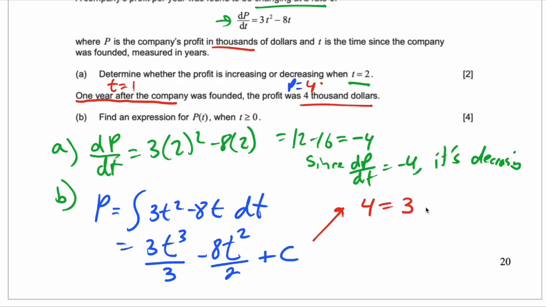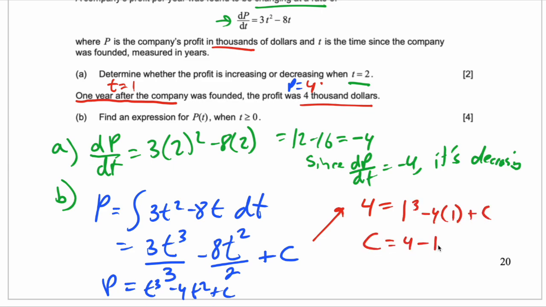Okay, so 4 equals, I should have simplified it a bit first. P equals t cubed minus 4t squared plus c. So when I sub in 4, I sub in 4 for the P. t is 1, so you have 1 cubed minus 4 times 1 plus c.